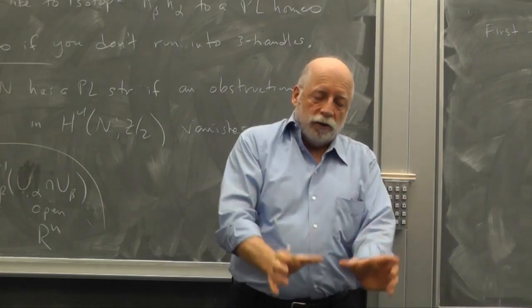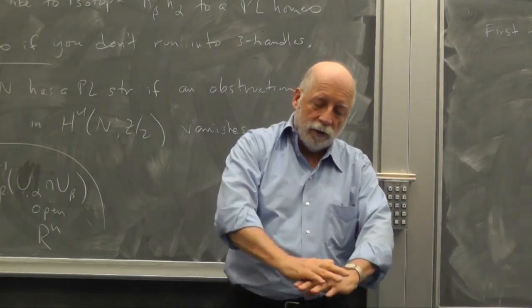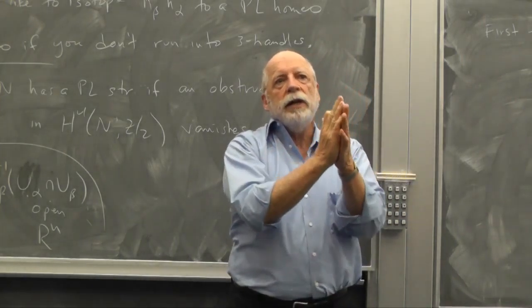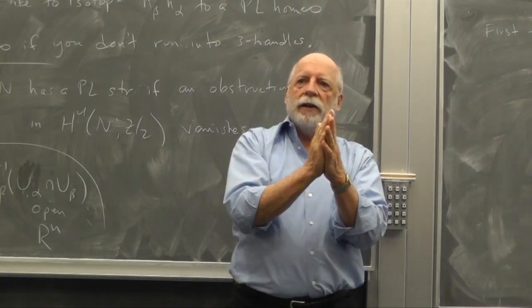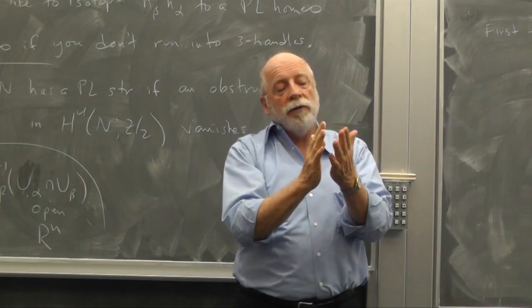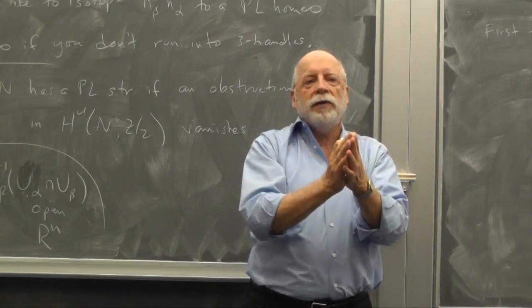But then when you take two trivializations, and you have two of these open sets that overlap, now the fibers are glued together by what? Well, they're always glued together by a homeomorphism. And now the issue is, how good can you make that homeomorphism? Can you make the homeomorphism PL? Can you make it a diffeomorphism?